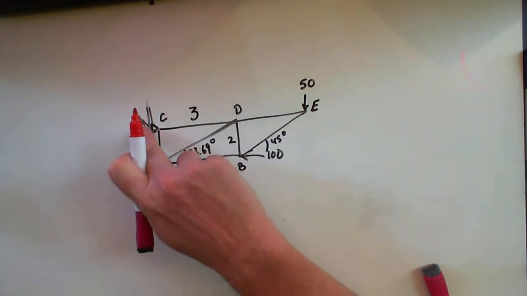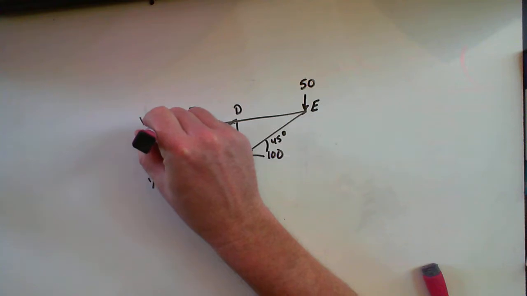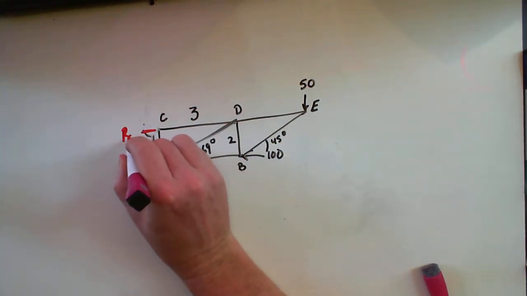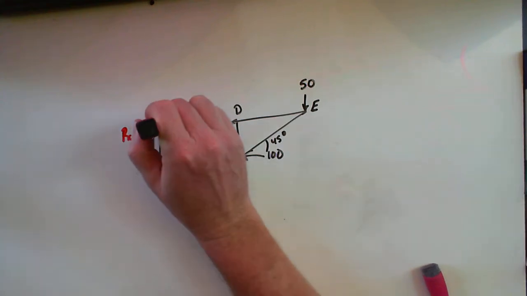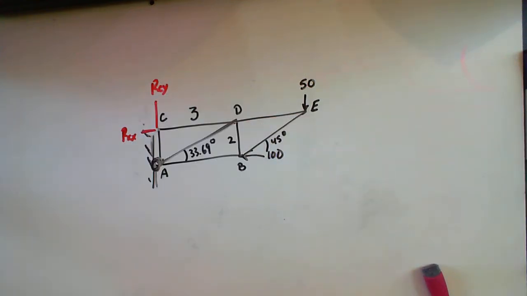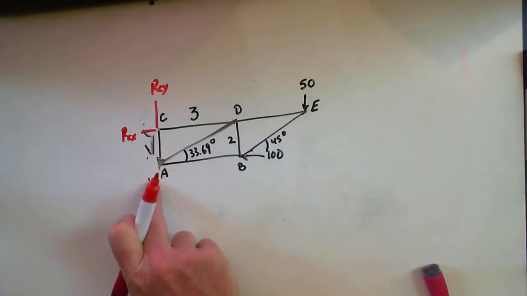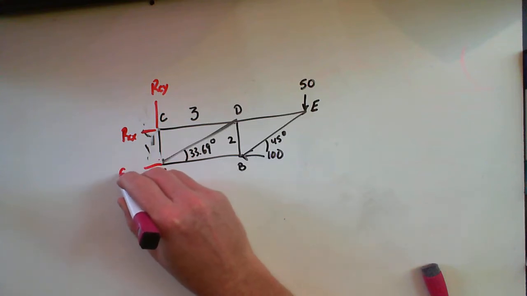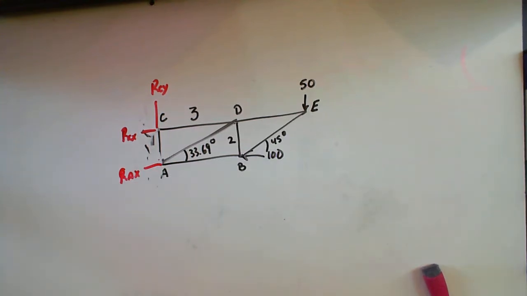So at C, I'm going to replace this little pin with the reactionary force at C with respect to X. Then I will have that second reactionary force at C with respect to Y. And at A, we will have just the reactionary force at A with respect to X. So those will be the three reactionary forces that we need to work with.